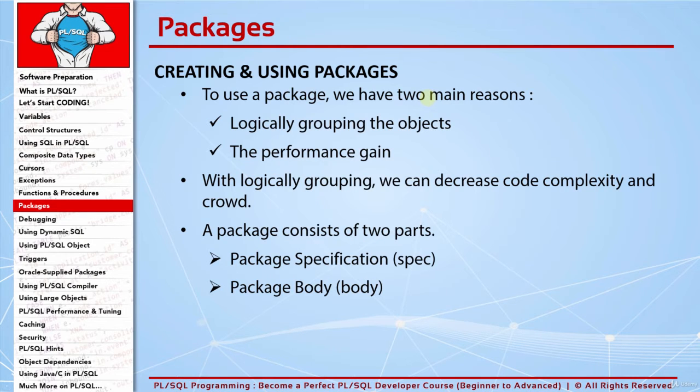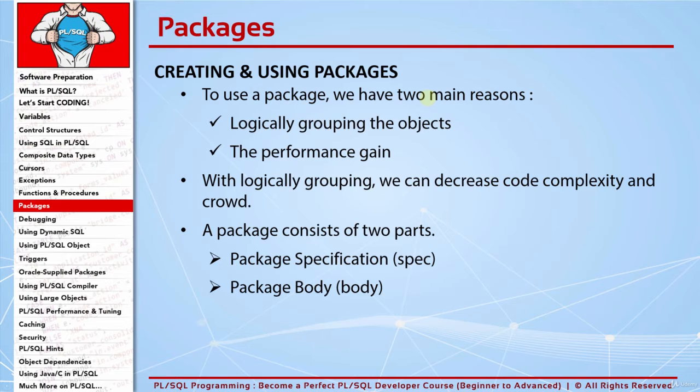The second part of a package is the package body. The package body has the implementations of the subprograms declared in the package spec. Actually, a package body can also have its own variables, subprograms, cursors, etc. But here's the thing. If a variable or a subprogram or any other object is not declared in the package spec, it is not visible to the others.